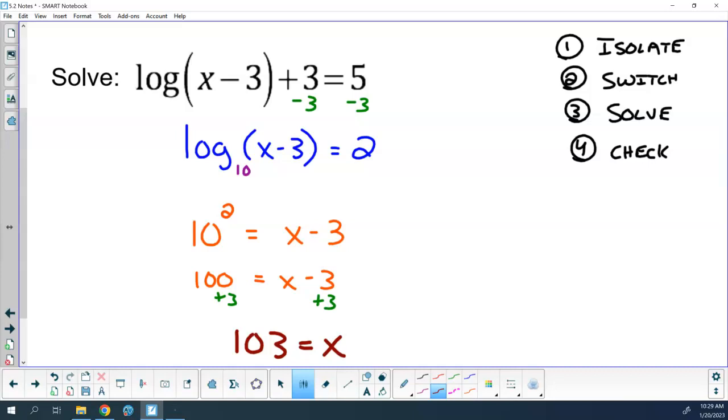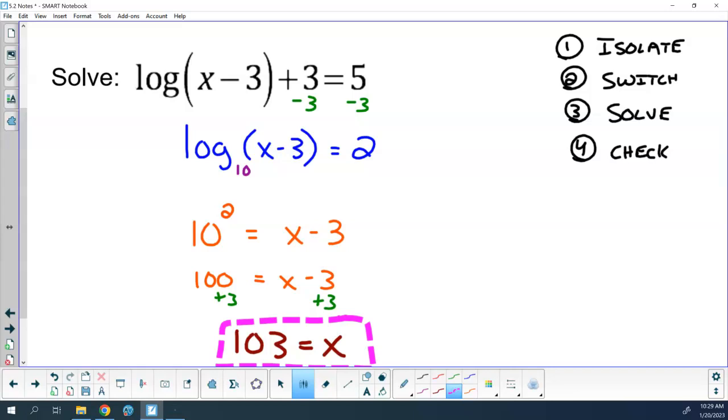Checking it, 103 minus 3 is 100. Log of 100 is 2. 2 plus 3 is 5. 5 is equal to 5. Same set.